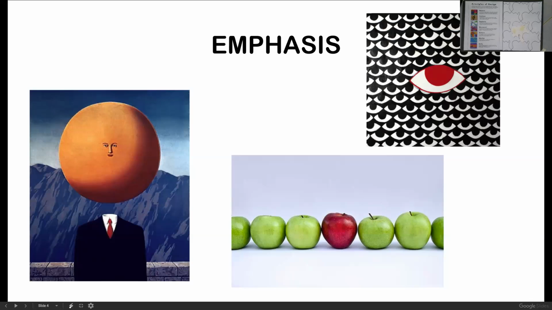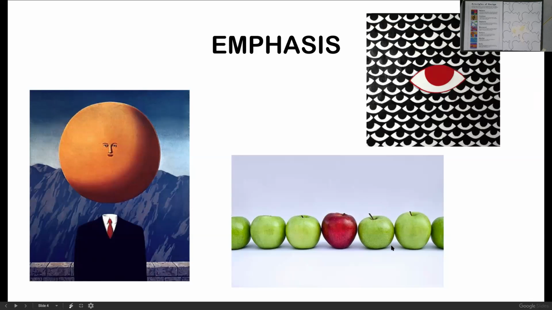Perfect. Now, close your eyes. When you open them, think about what's the very first thing you saw from the pictures. Go ahead and open them. I saw red eye. Yeah.